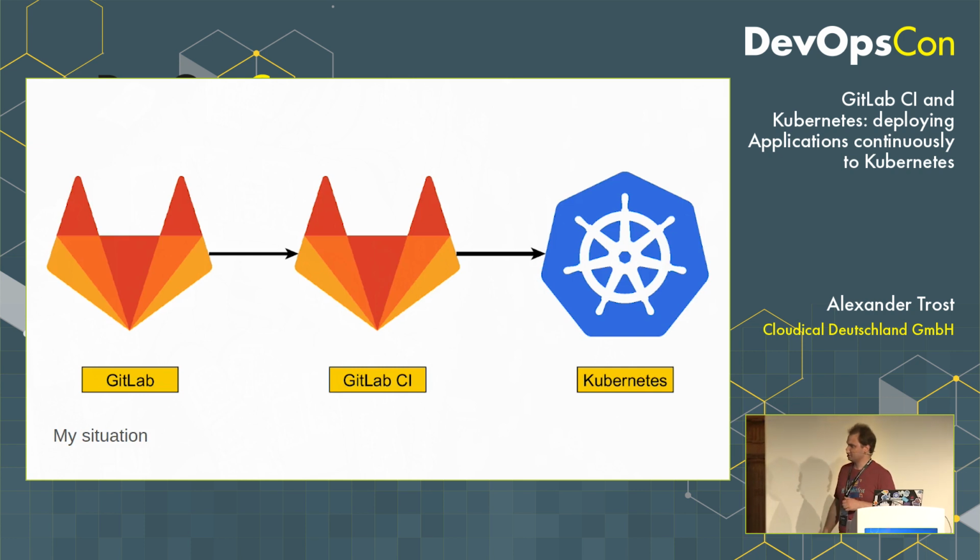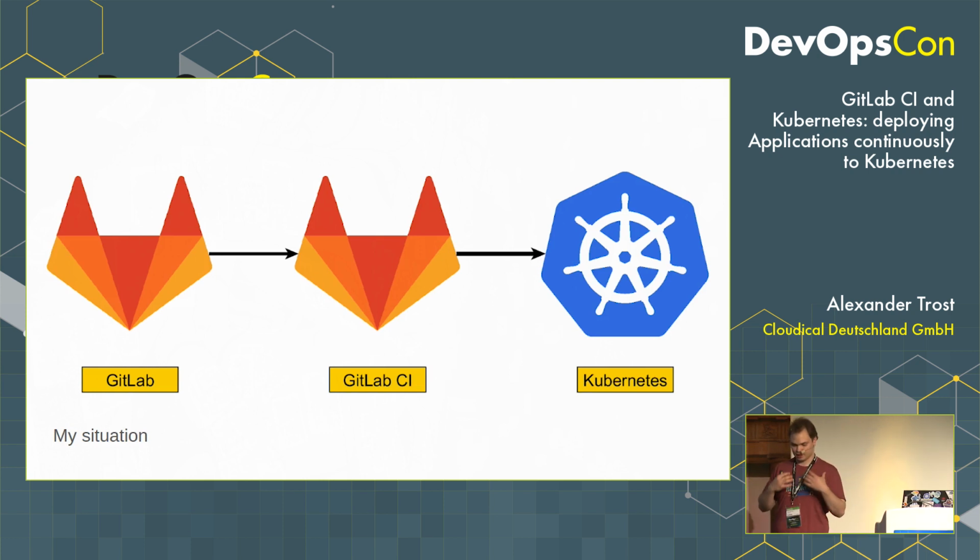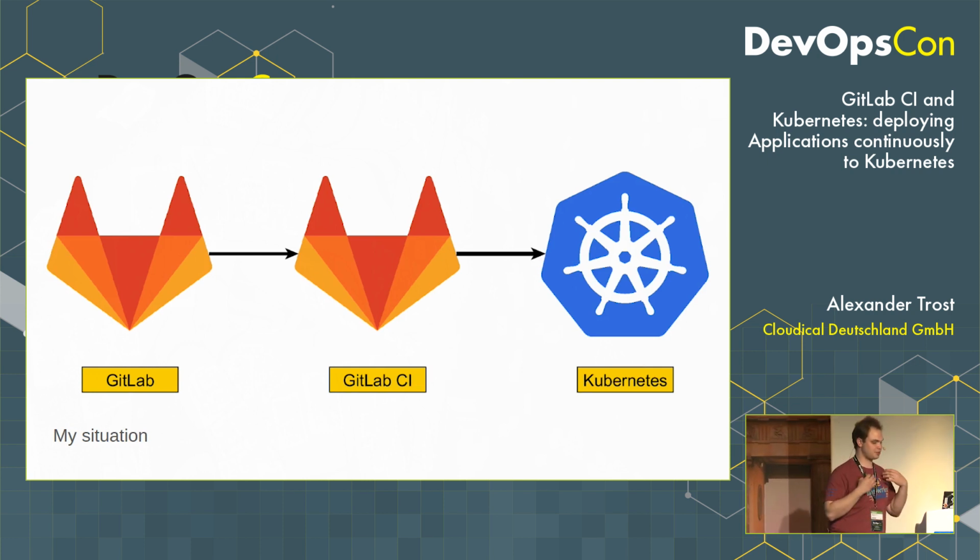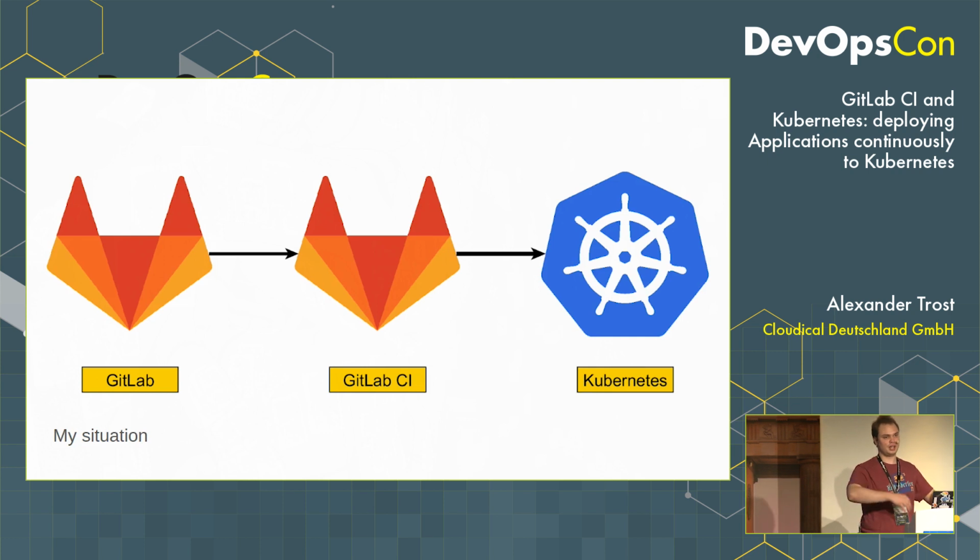As said, my situation was basically that I have my Kubernetes cluster, I have my GitLab running, and I have some repositories. And GitLab CI comes in perfectly handy as it allows me to just push my code changes, have GitLab CI test the application in the first few steps, already make sure that it's working, then build it.